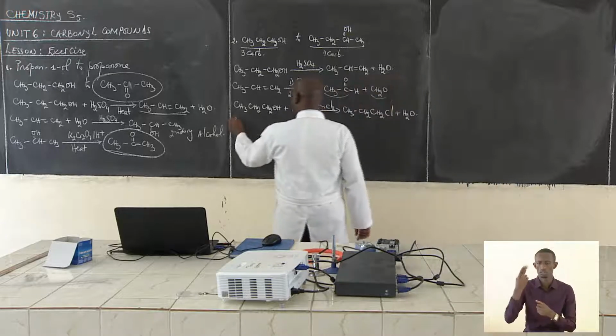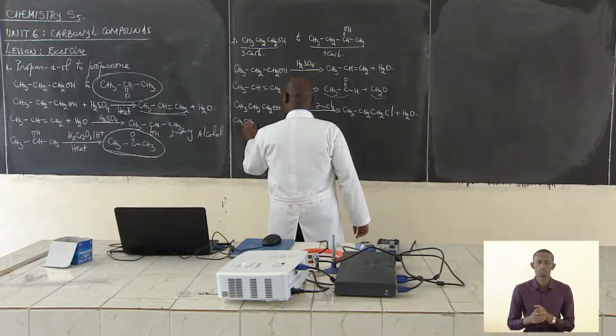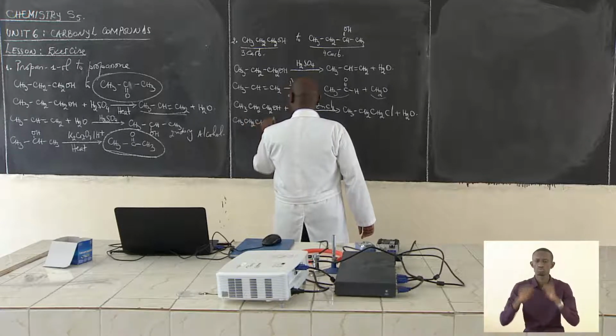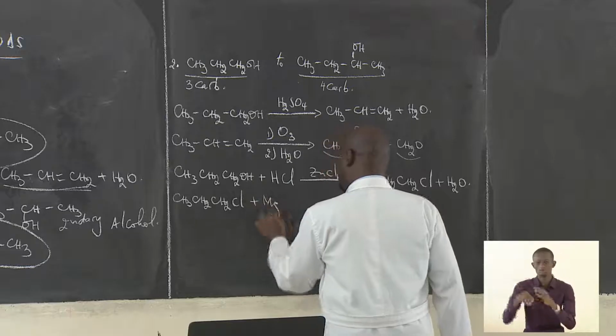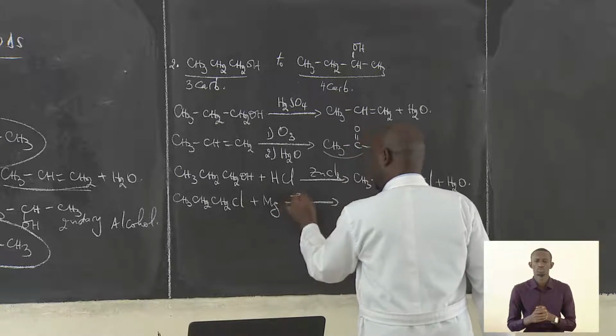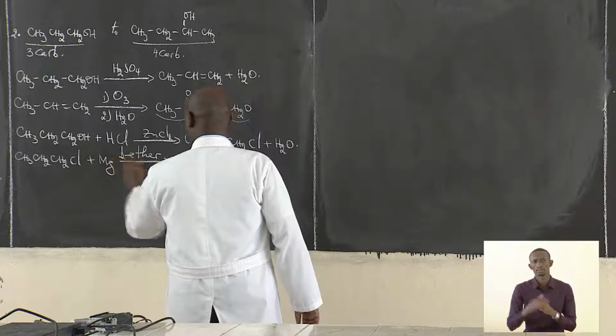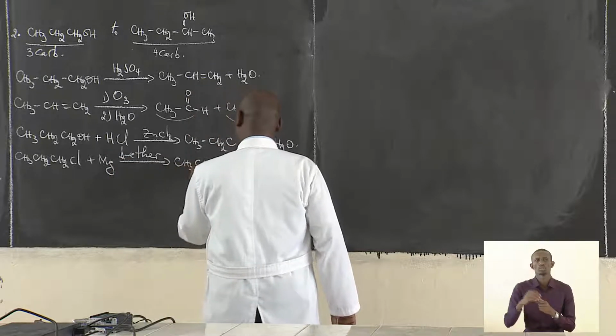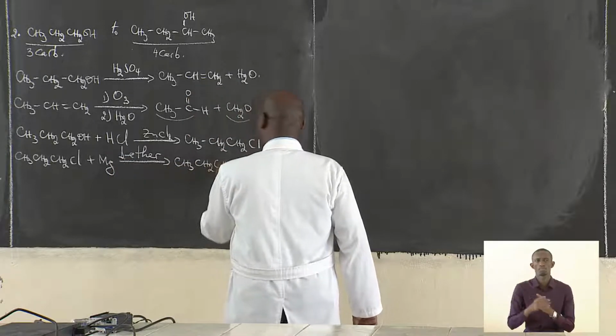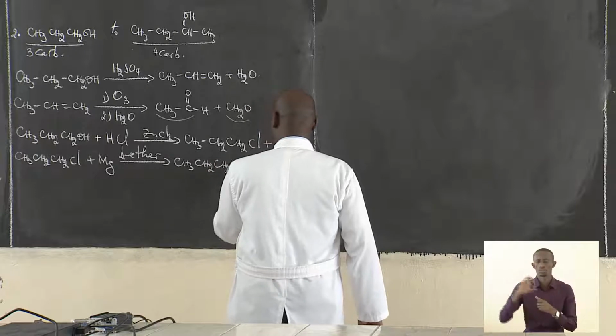And then the compound, we can transform it into a Grignard reagent if we add magnesium in dry ether, and we produce CH3CH2CH2MgCl.